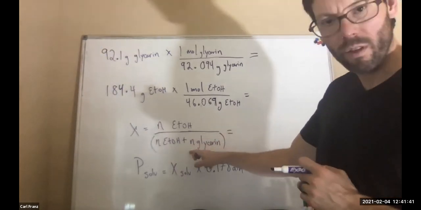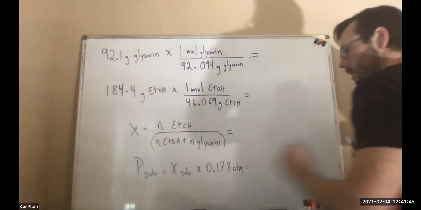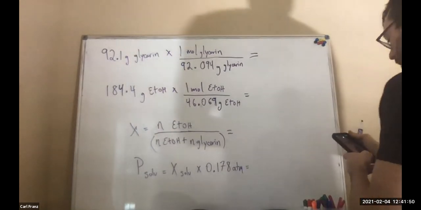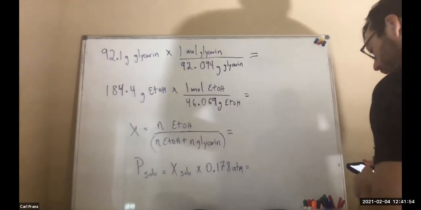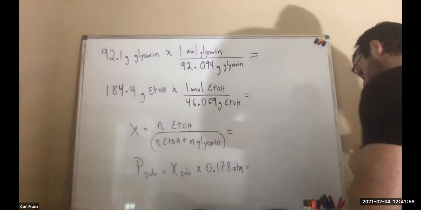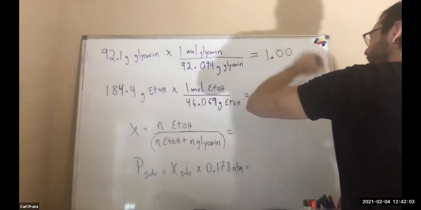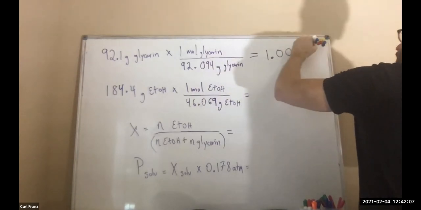This over the sum of this, okay? So let's compute that, shall we? This is going to be pretty close to 1. In fact, I think we just call this 1, just to be simplified, 1 mole of glycerin.